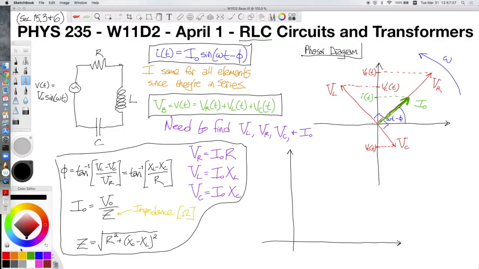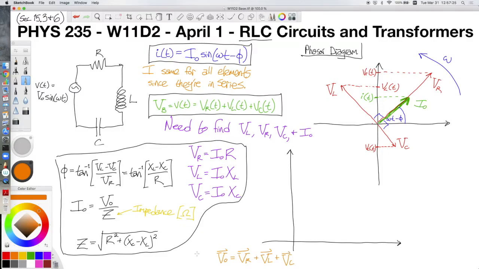So I can write this out mathematically down below, that our battery voltage vector V naught will have to equal the vectors for VR, VL, and VC all added together.